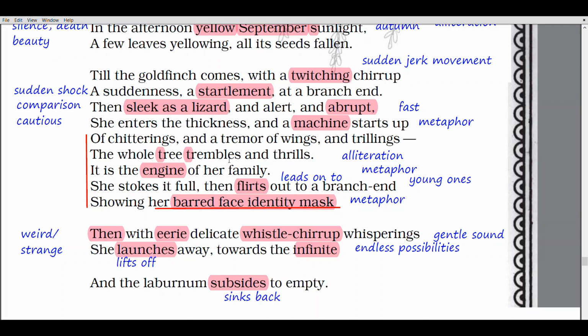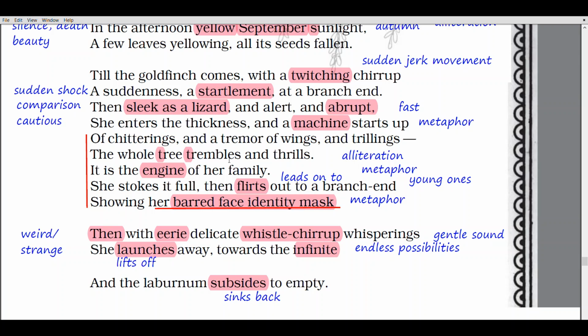So she enters the thickness. She enters into the thick end of a branch, the thickness of a branch, not the thin part of the branch, the thick part of the branch, where a machine is starting up. So here machine is used as a metaphor, a direct comparison.